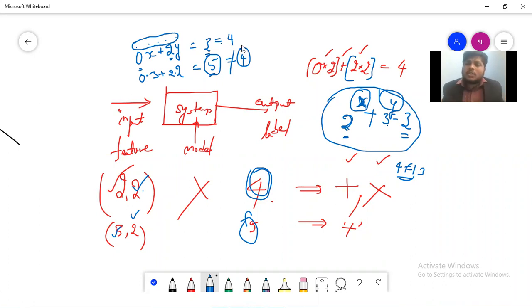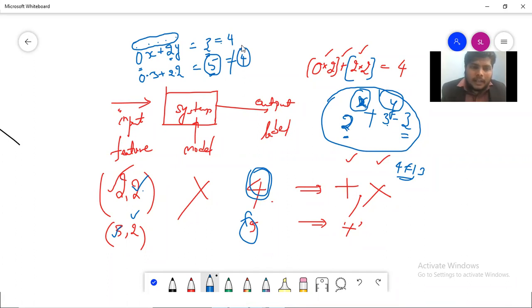Similarly, how many equations you can create with two different types of variables? There are infinite possibilities, right? I can do 2 into 2, 1 into 2, 3 into 2, 5 into 2. I can do x into 1, x into 5, x into 10. I can create an infinite number of relationships between my x and y.